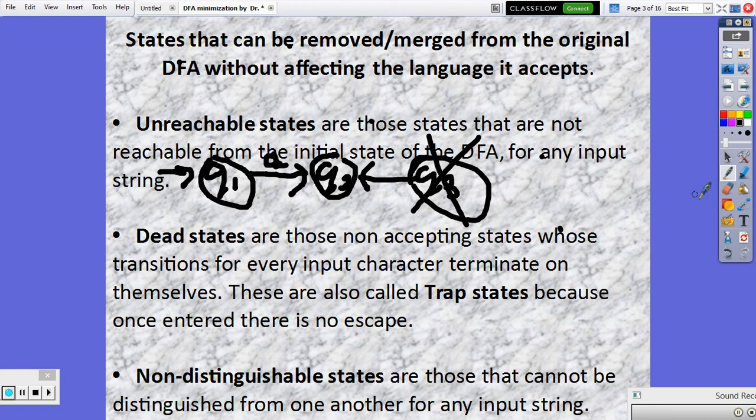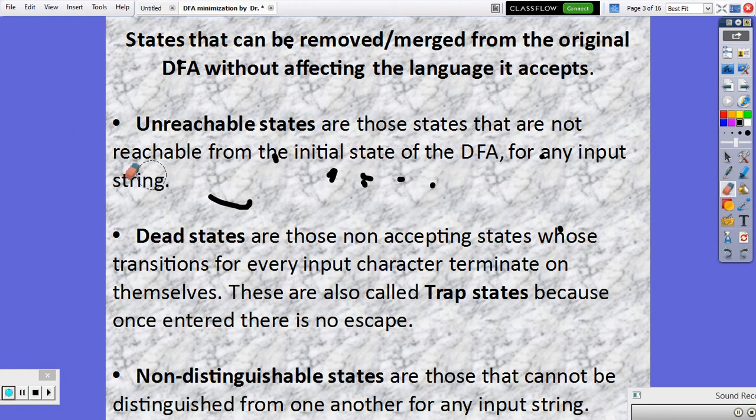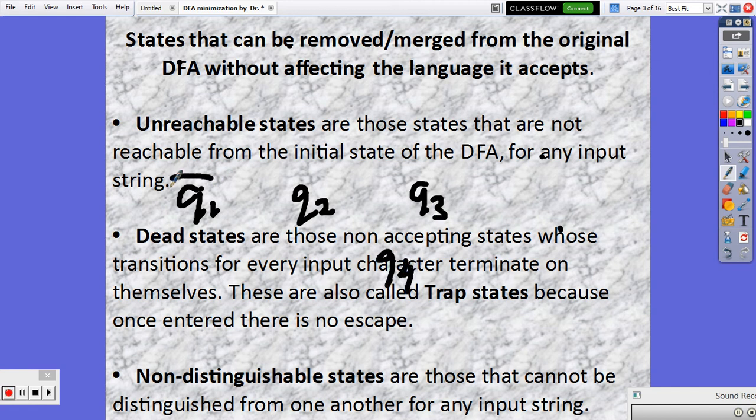Then second we have dead states. Dead states are those non-accepting states whose transition for every input character terminates on themselves. The meaning is, let's say I have one state Q1, one state Q2, one state Q3 and one state Q4.